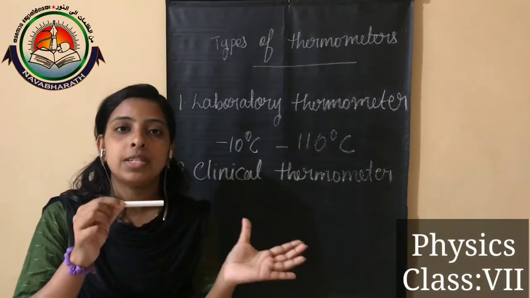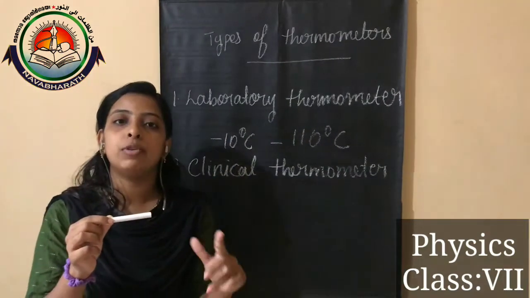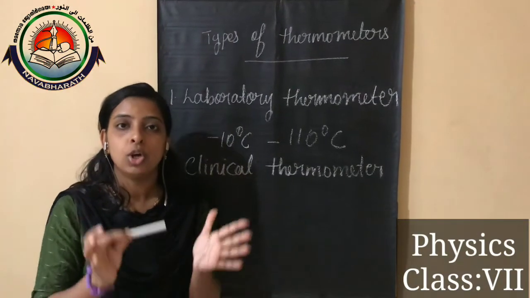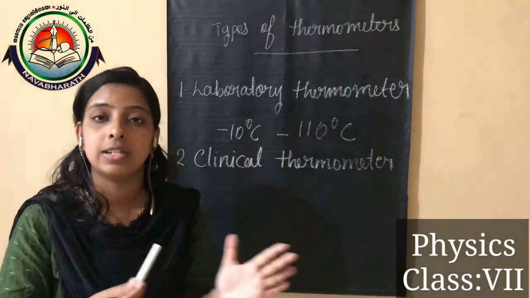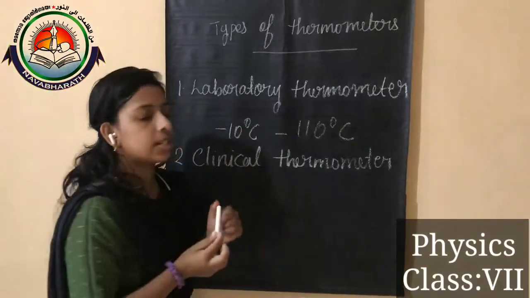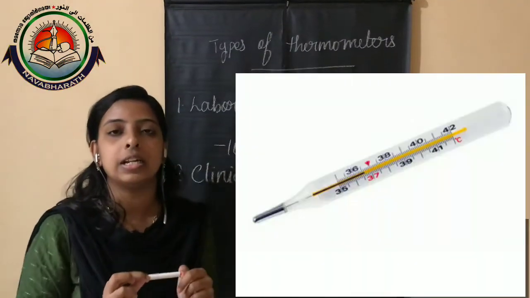At that time there is a sudden decrease of the mercury level. So we can't get a correct or accurate measurement of our body temperature. To avoid these sudden changes and errors in measuring temperature, we can use the clinical thermometer. Here in this picture you can see the clinical thermometer.